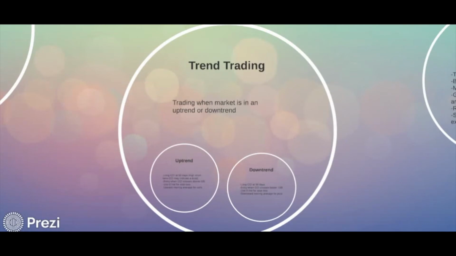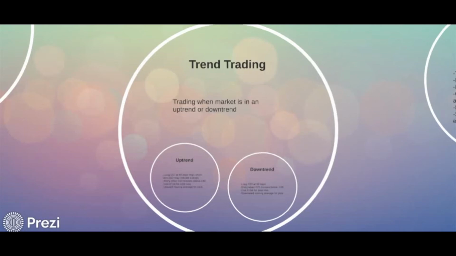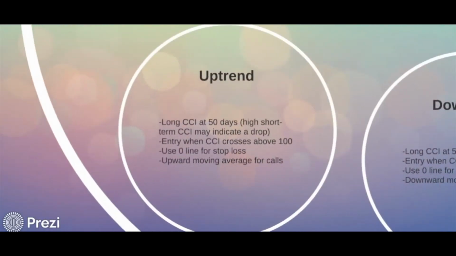So trend trading, this is kind of what we're doing when we're trading long options here. Trading when the market's in an uptrend or a downtrend. And one of the big tools that people use is called CCI. And it'll likely be on your trading platform. But CCI, what you can do is put it long 50 days, like on a 50-day chart.